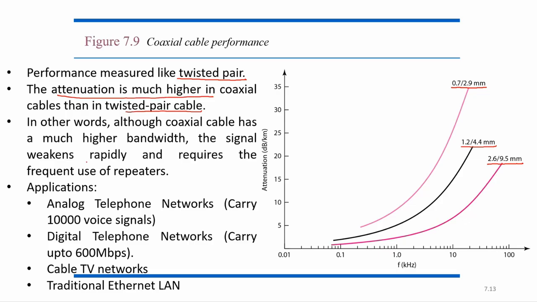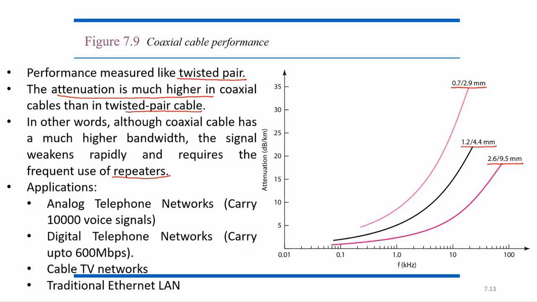In other words, although coaxial cable has a much higher bandwidth, the signal weakens rapidly and requires the frequent use of repeaters. It attenuates the signals at a very high rate with respect to distance, so we should focus on the use of repeaters.